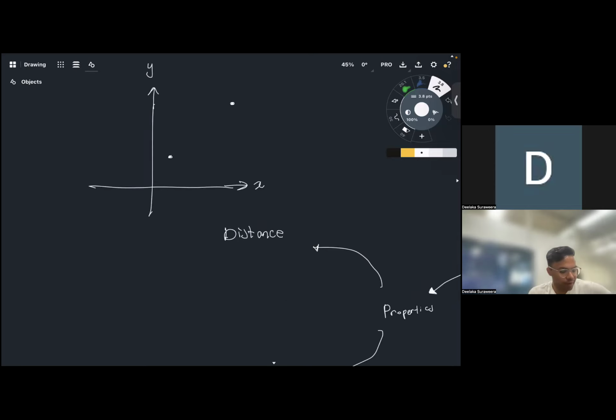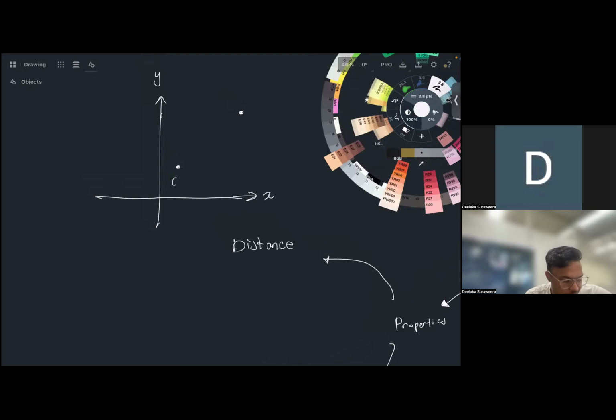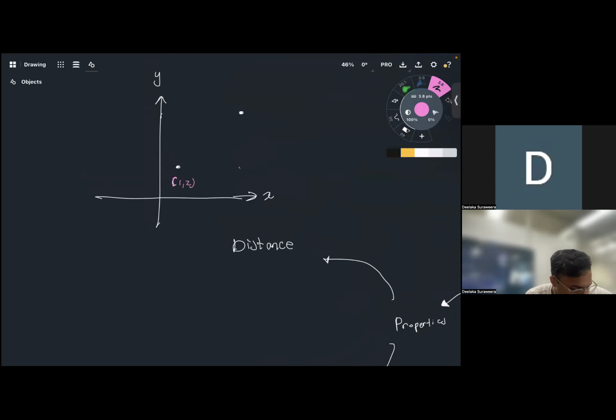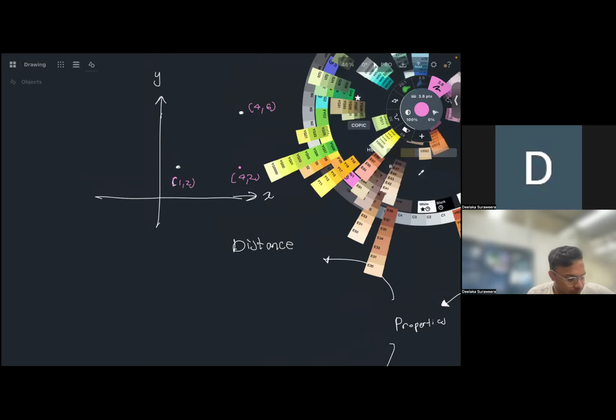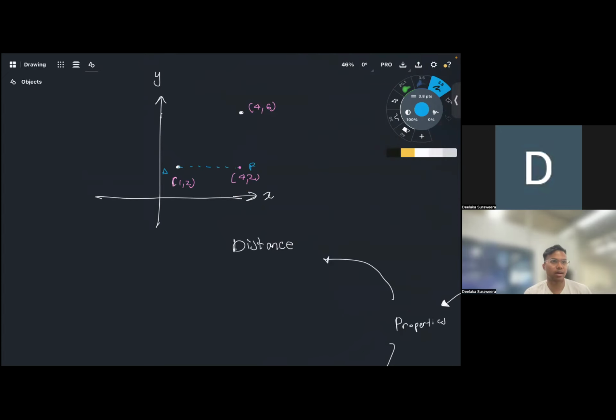For instance, something super easy: 1, 2, let's say 4, 2, and 4, 6. What's the distance between, let's call them A and B? What's the distance between A and B?